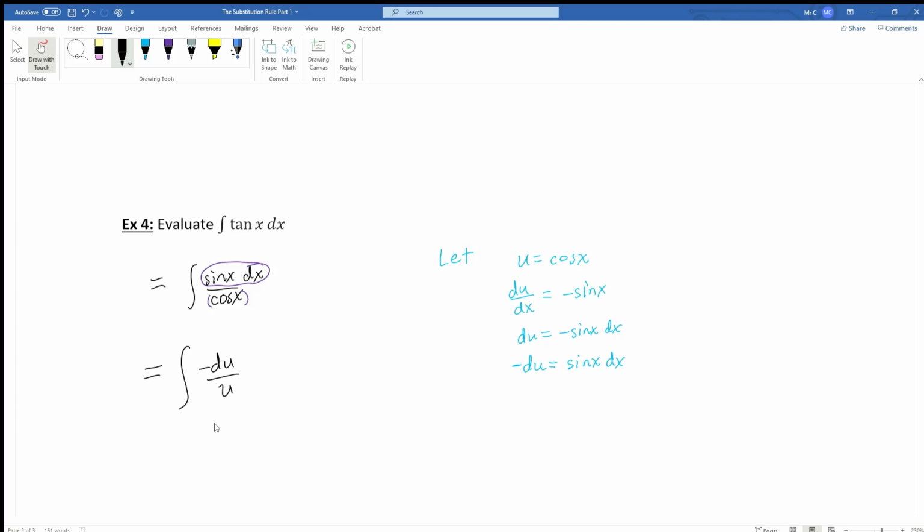So if we think about this, what we really have here, the 1 over cosine of x, is really 1 over parentheses cosine of x. So it's really just the composition if you took f of x equals cosine of x and g of x equals 1 over x, then when you plug f of x into g, you get 1 over cosine of x when you replace x with f of x.